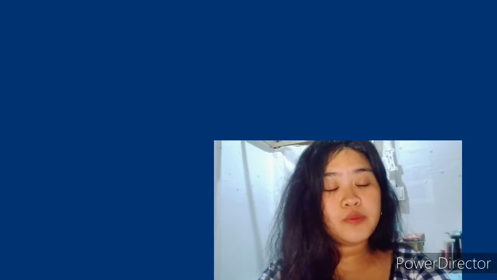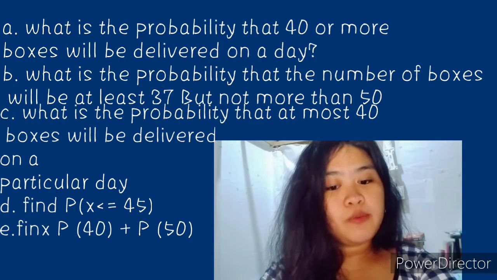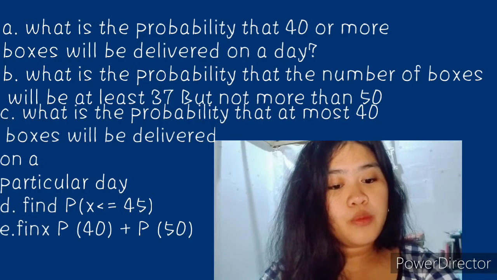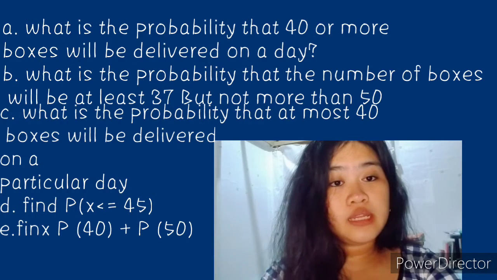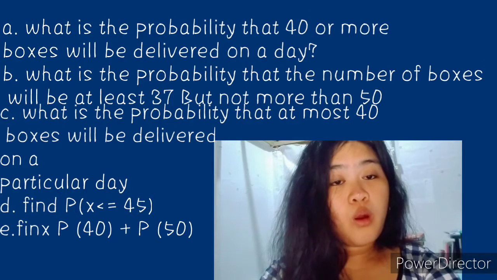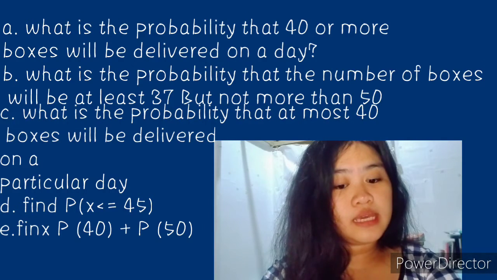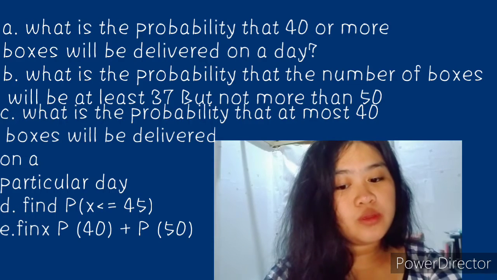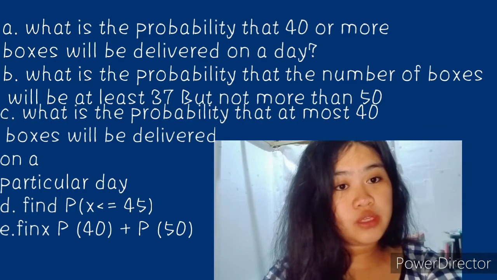So here is the problem. Letter A: What is the probability that 40 or more boxes will be delivered in a day? For letter B, what is the probability that the number of boxes will be at least 37 but not more than 50?